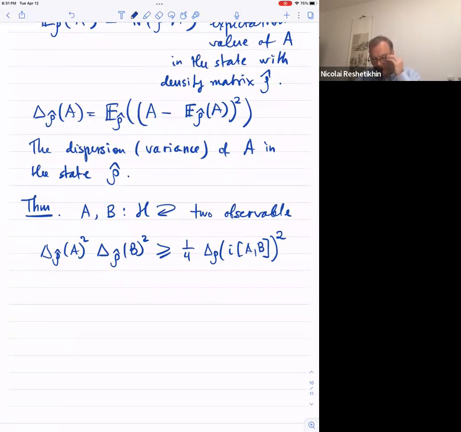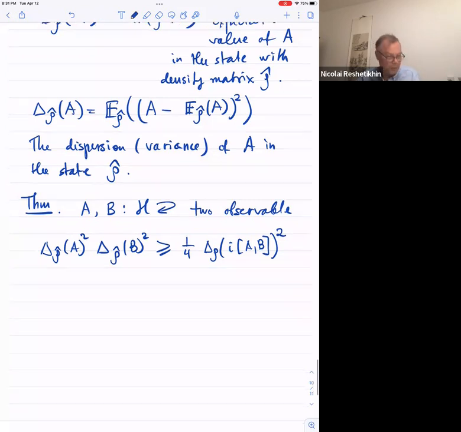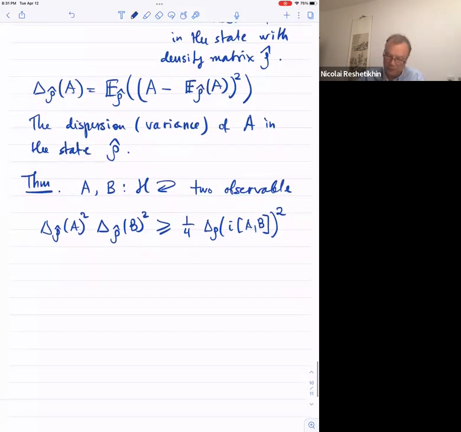So you see that if the dispersion of one observable in a state is 0, and if the expectation of the commutator is not 0, then the dispersion of the other should be infinity. We will discuss the physical meaning next time.